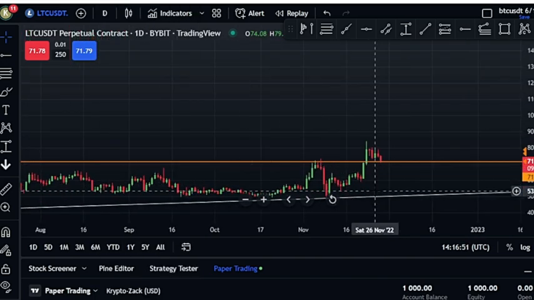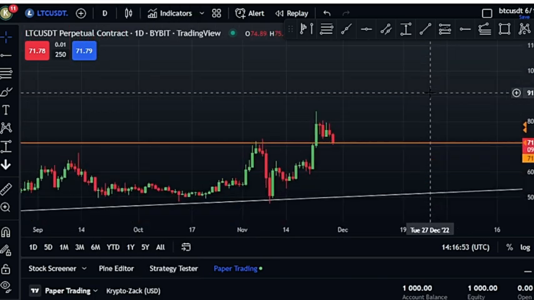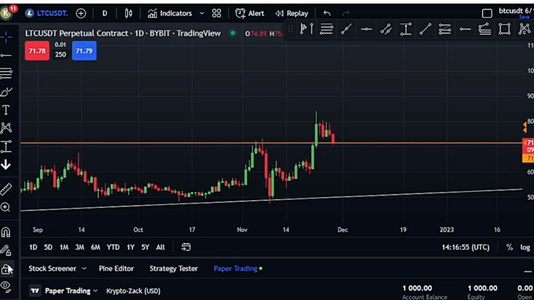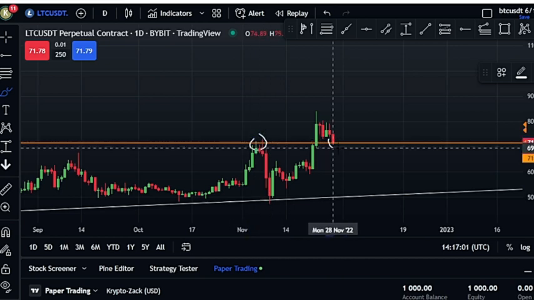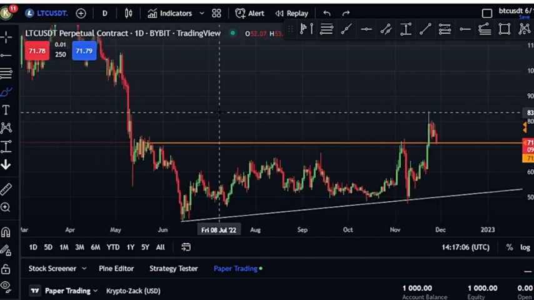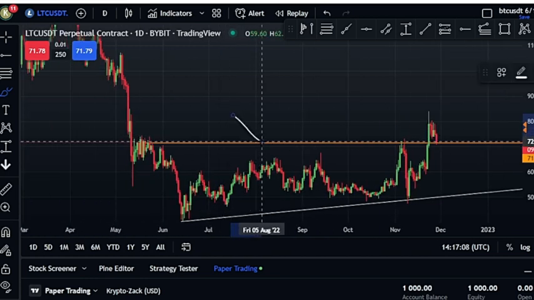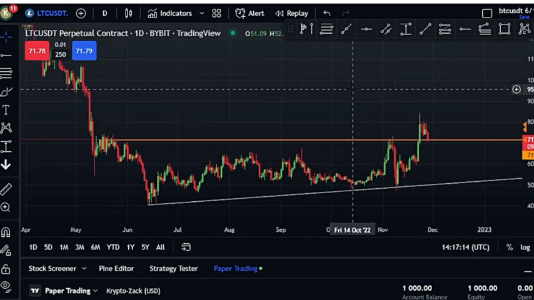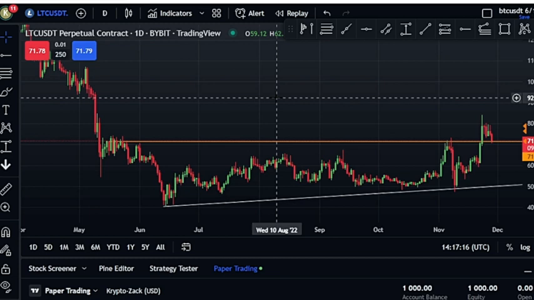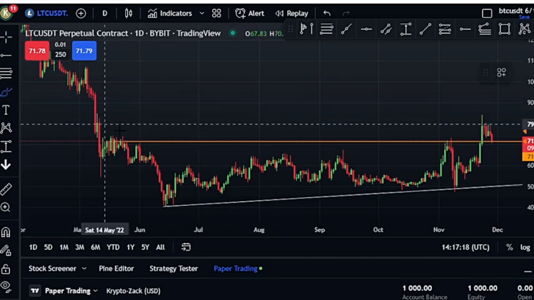So on the daily, look at this now. You can see that this line we just drew is acting as support currently, and you can see that this was resistance here, and now it's support. Now this is not bad. Now we want to find some other support and resistance for the daily, and you can see there is one just here closer to where we want to trade, and there is this one here.